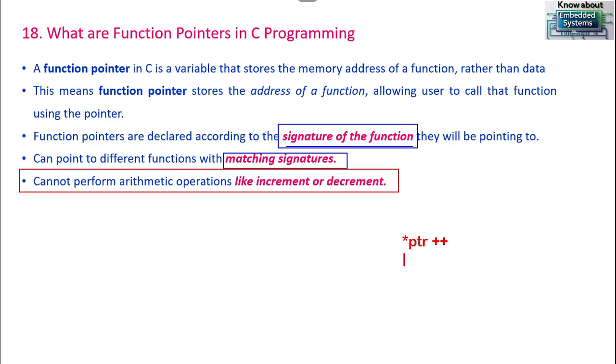Function pointers are kind of constant pointers, meaning they are constant with a constant address. They are not allowed to increment, decrement, or change the address. So this is the third important point you should remember about function pointers.